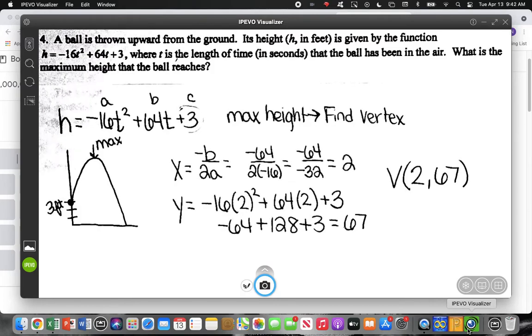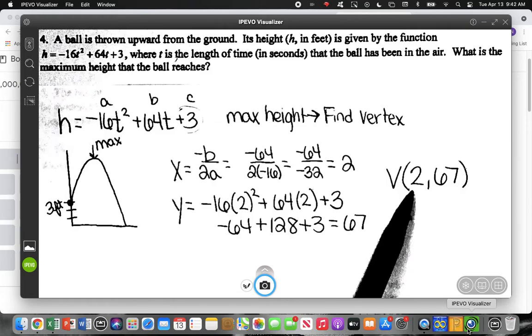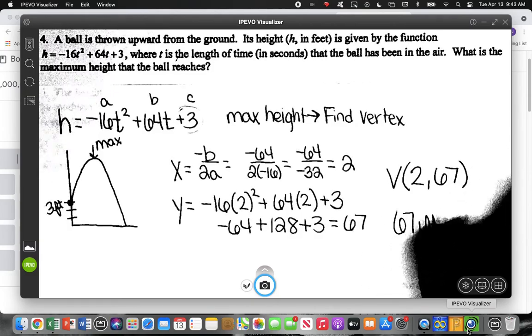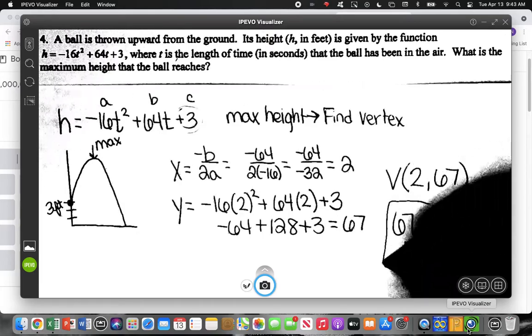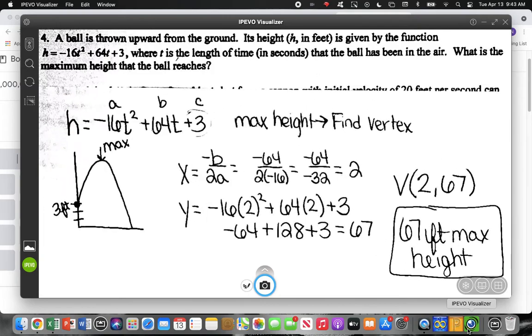Which one of these coordinates do you think is the height? Do you think it's the 2 or the 67? It started out at 3 feet, so would it make sense that 2 is the height? No, on this one 67 feet is the maximum height. What's that 2 mean? It's not the distance. We are measuring 2 things here.